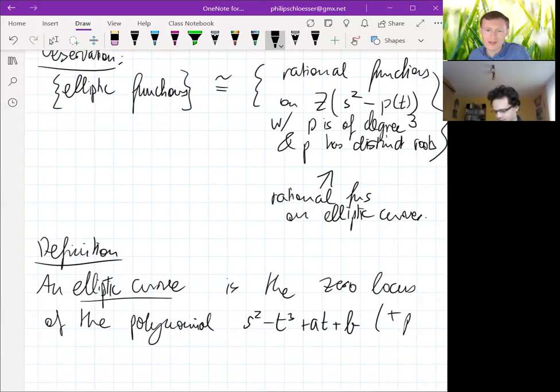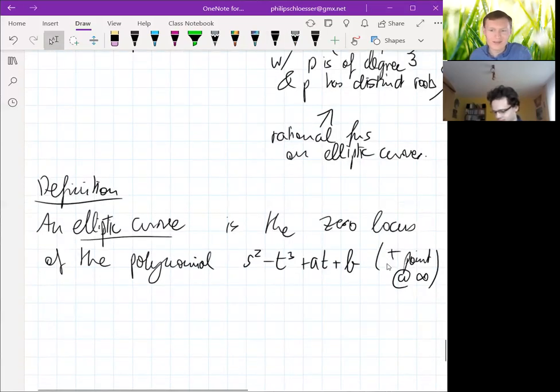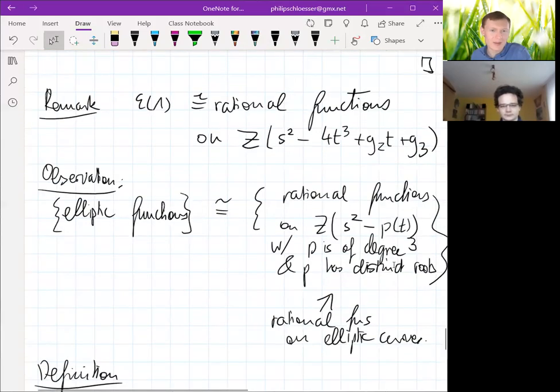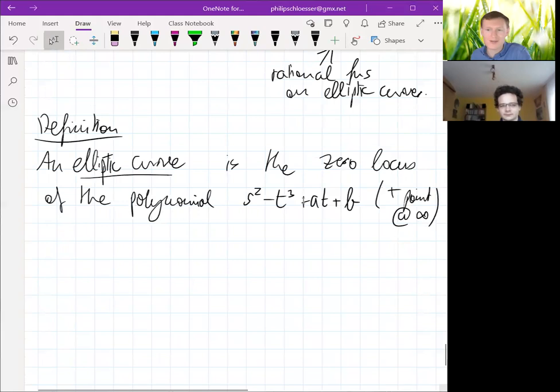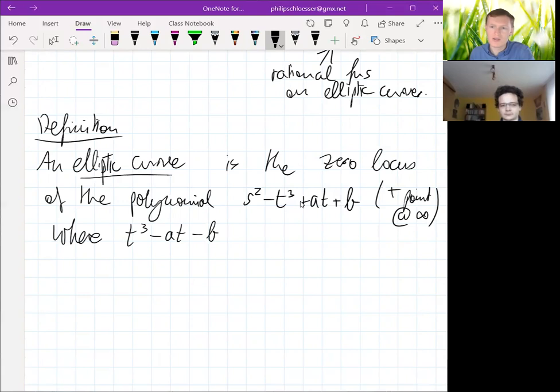And we add a point at infinity. Well, we have to, because of something I'm going to mention later, where t cubed minus at minus b has non-degenerate, or distinct, roots.